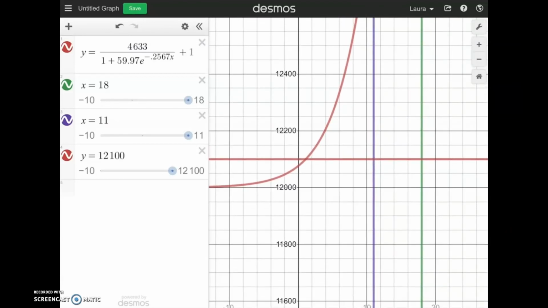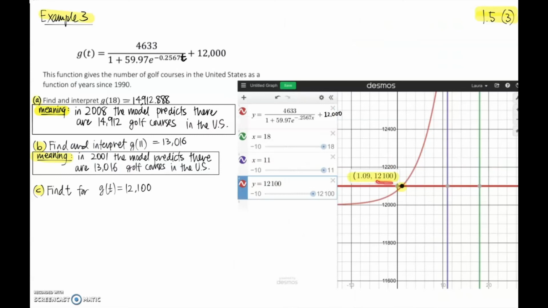And it looks like that point is really close to 0, but it's 1.09, 12,100. Okay, so let's go back and interpret that. So here it is. When my output is 12,100, my input is 1.09. So what that means is if G of t equals 12,100, then I can tell graphically that t equaled 1.09.